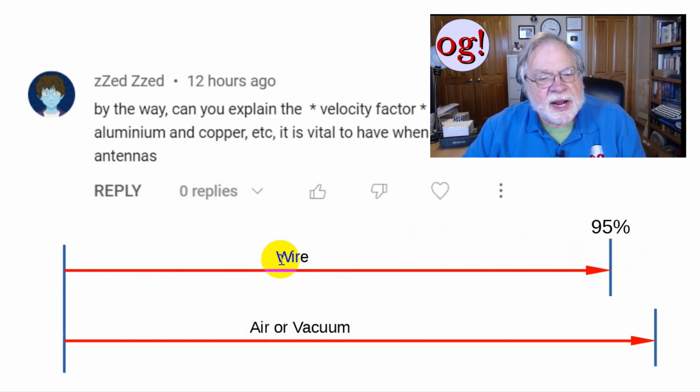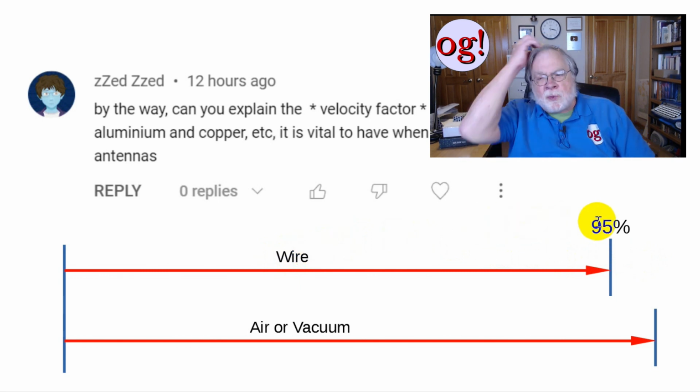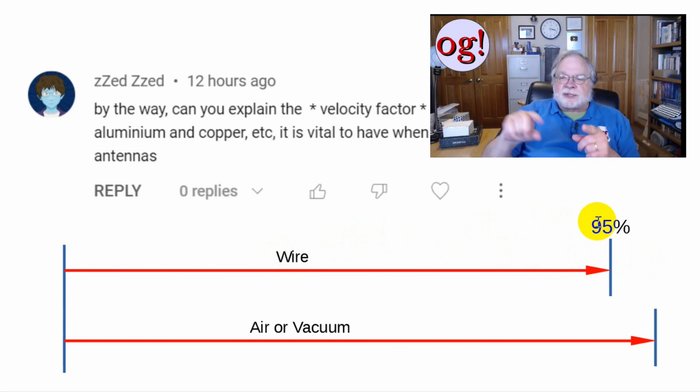And so we say that the velocity factor of just plain wire, like for an antenna, is 95%. This is why we use the equation 468 over the frequency in megahertz to give us the length in feet of an entire dipole. That number, 468, takes into account the 95% velocity factor.